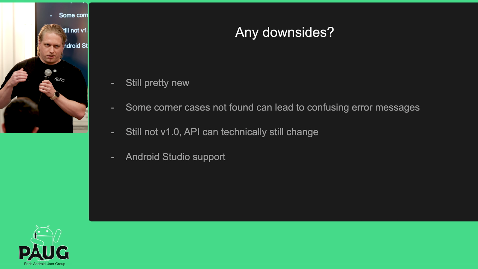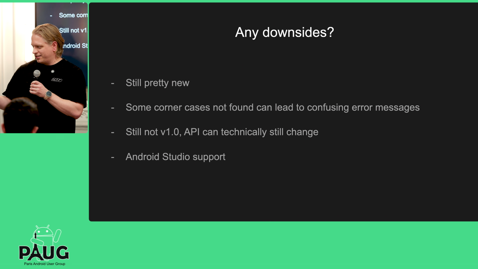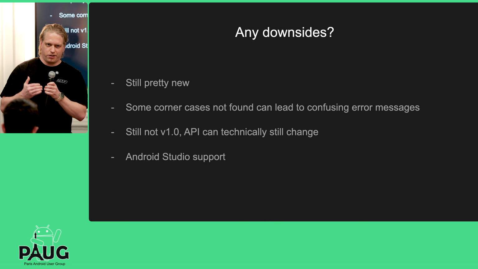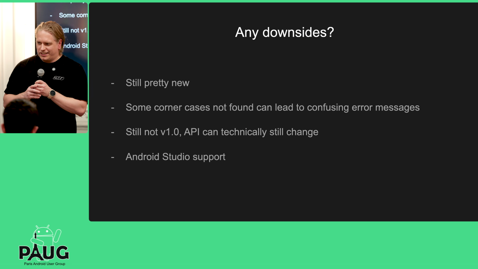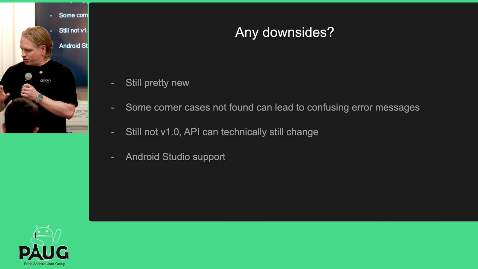And then because it's a Kotlin compiler plugin, it's very tied to the Kotlin version. And it turns out that Android Studio, especially if you're on Canary or release candidates, ships with a random Kotlin version. So Android Studio support is a bit experimental right now.